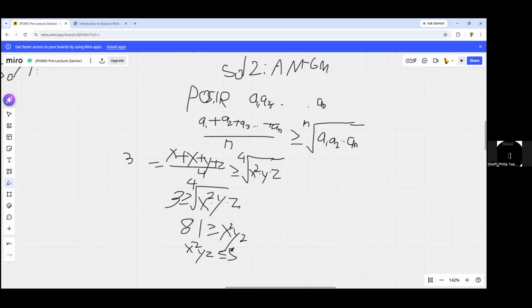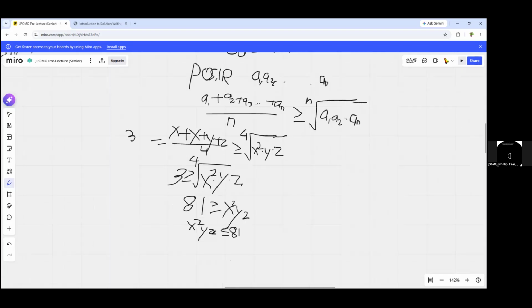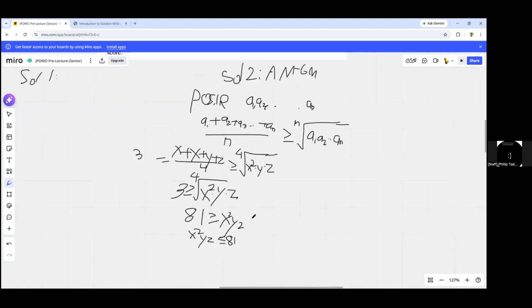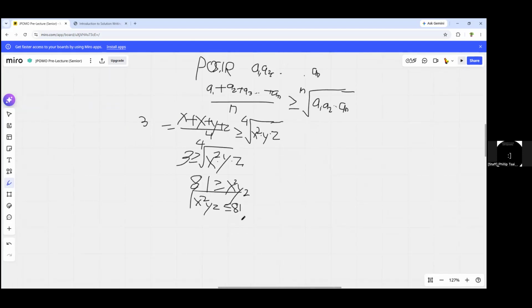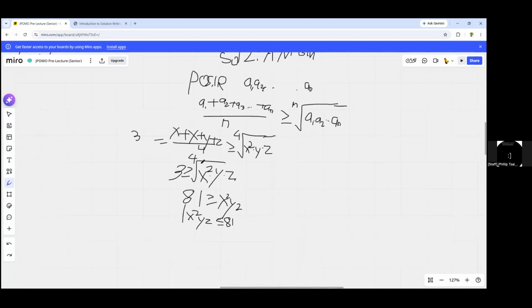Now, are we done yet? That's the question. Because we have x squared yz is less than or equal to 81. But are we done yet? We have an upper bound for x squared yz.